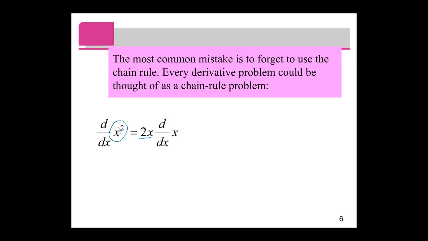And if I call x the inside function, I would say the derivative of x with respect to x, which I could also write out like this, always equals 1. So even though we don't consider this a chain rule problem, again, every problem is a chain rule problem. We'll see that again when we get to implicit differentiation.